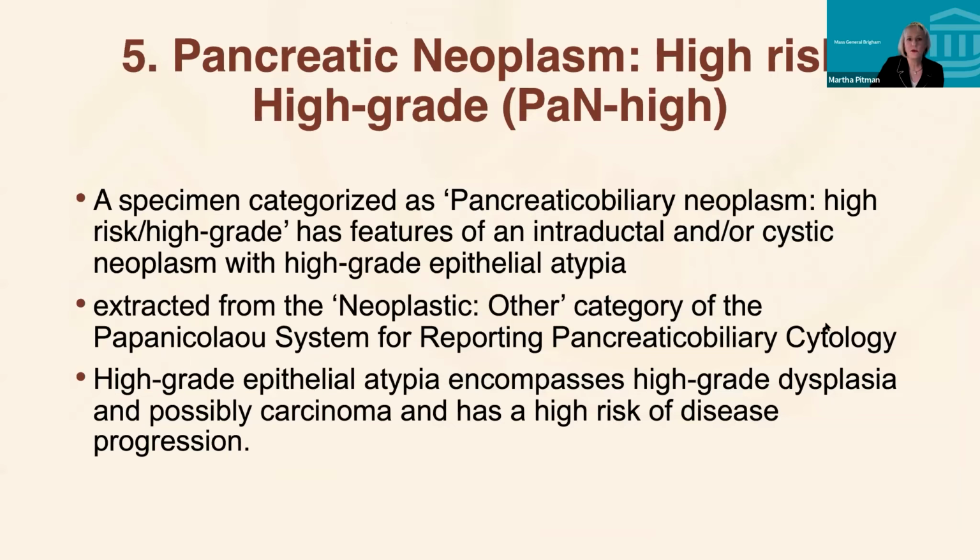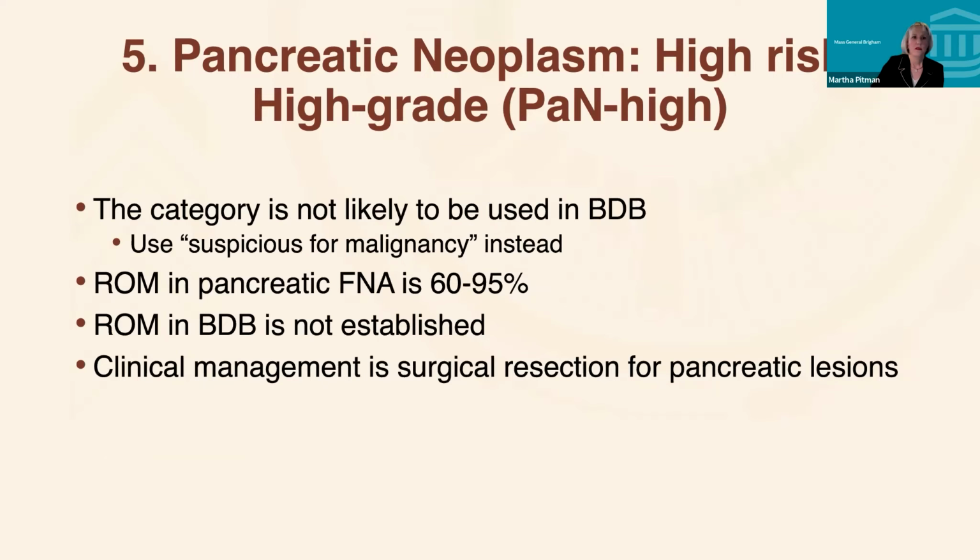Now the pan-high category has features of an intraductal or cystic neoplasm with high-grade epithelial atypia. It's extracted from the neoplastic other category, and it encompasses high-grade dysplasia, possibly carcinoma. Sometimes we can't rule out an invasive carcinoma, and that lesion has a high risk of progression to invasive carcinoma.